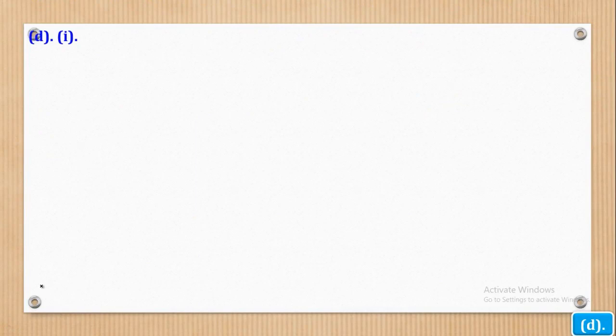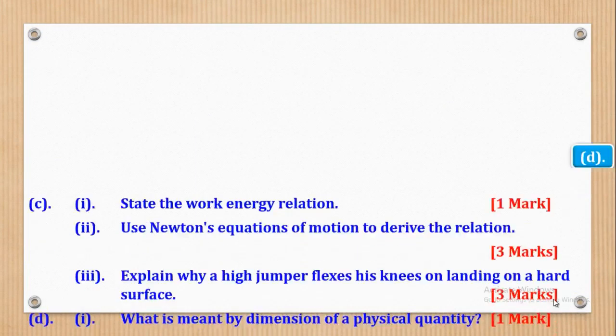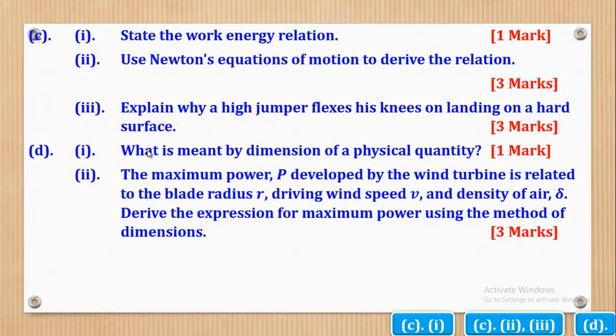So now we shall go to part D. Part D, Roman 1 says, what is meant by dimension of a physical quantity?